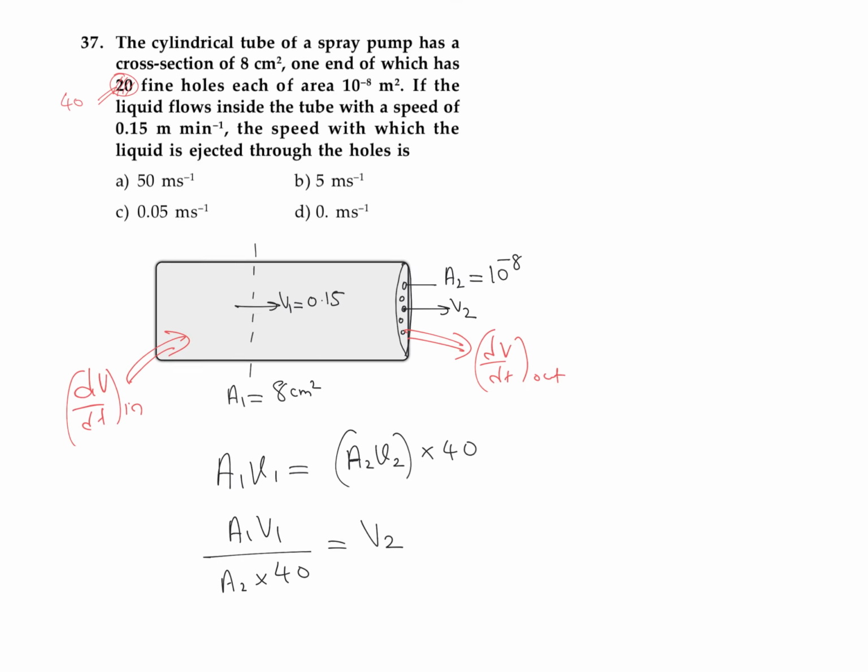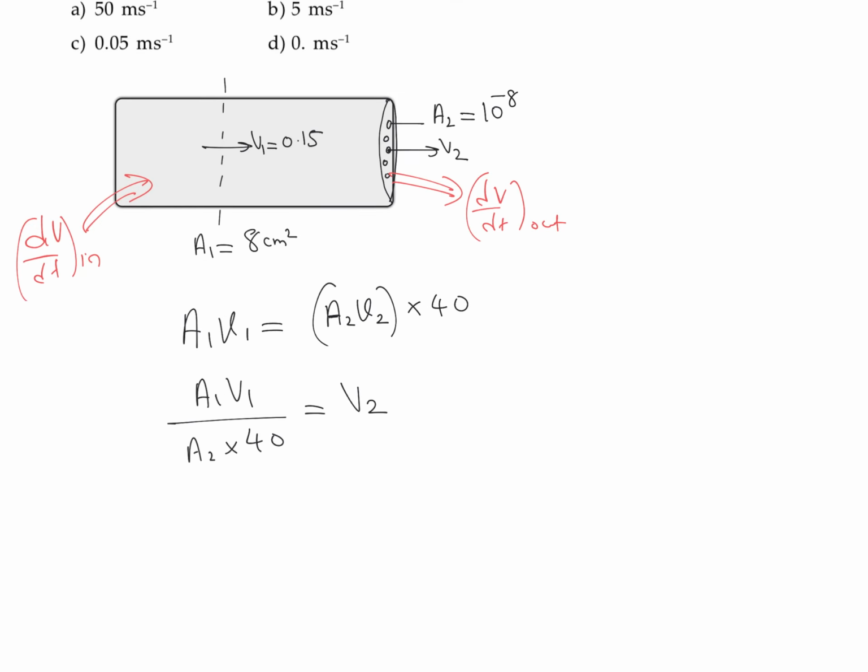Now in the question, the value of A1 is given as 8 centimeter square. We are going to substitute all the values in the SI system. So 8 centimeter square can be written as 8 into 10 raised to minus 4 meter square. So instead of A1, we'll write 8 into 10 raised to minus 4. The value of V1 is given as 0.15, but the unit is meter per minute.